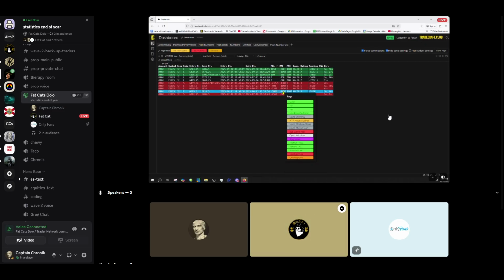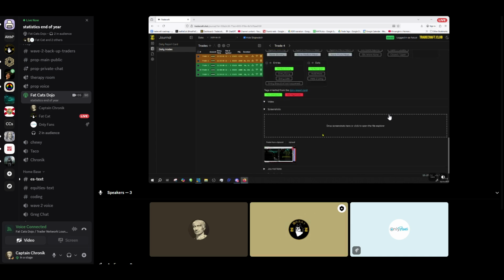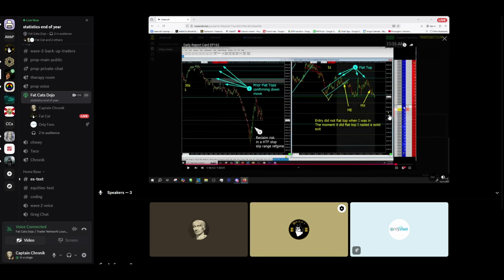Confused. Clear, clear. What, did this trade just not work? That's a green star. It just didn't work for me. What happened? Prior flat tops confirming down move.